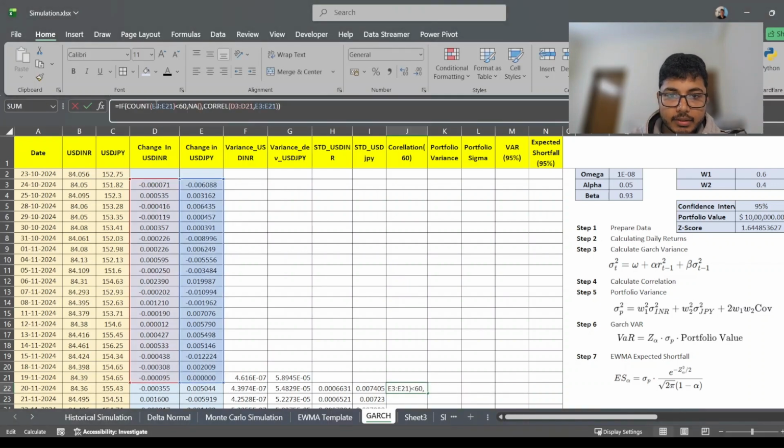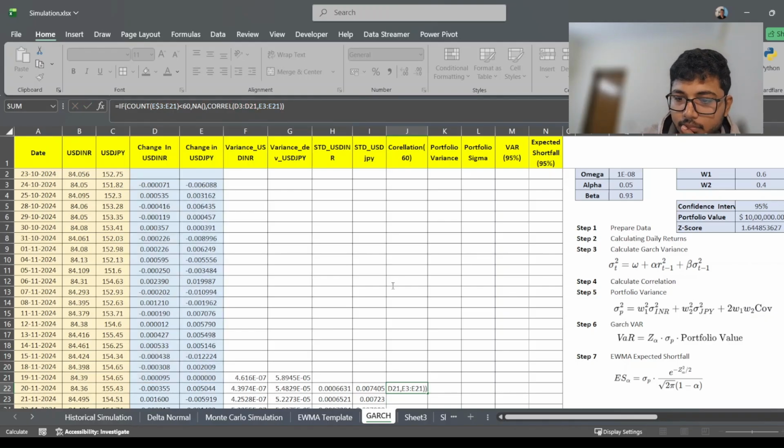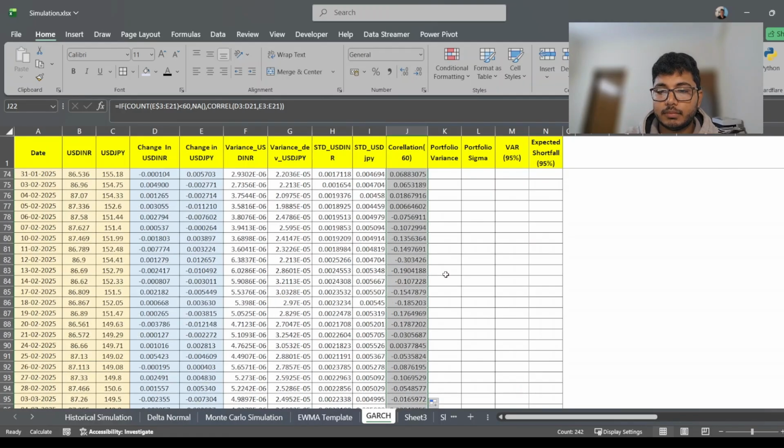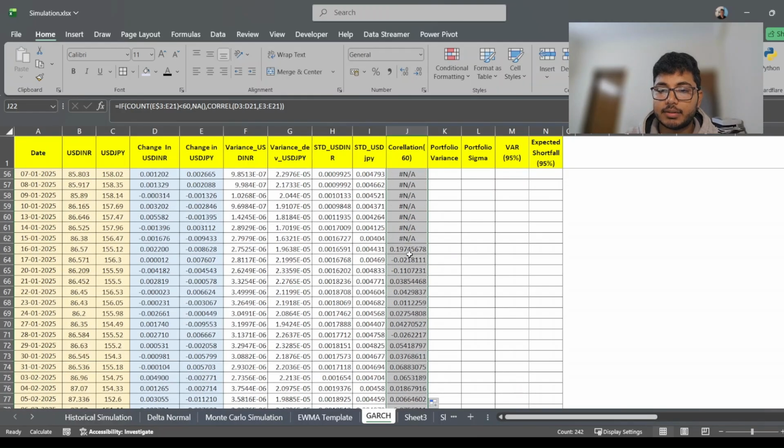We are going to fix this parameter here. So after 60 days, it starts to calculate.